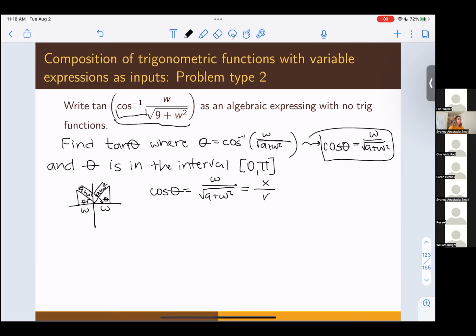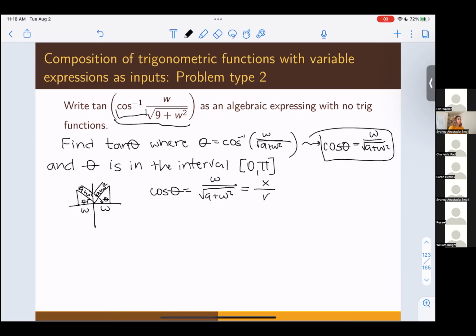Notice we're working with positive y values in both quadrants, which is the unknown we're solving for. As such, it does not matter which of the 2 thetas it is. It's going to be the same answer because x will always be w, and whatever y we get from the Pythagorean theorem will not change. So let's do that.